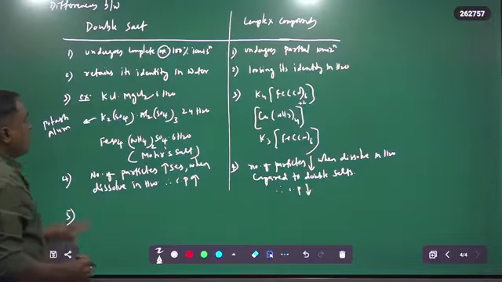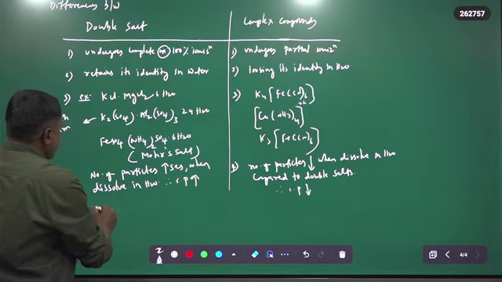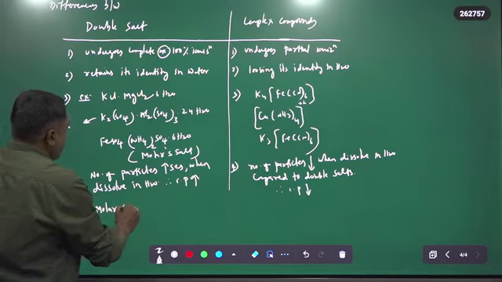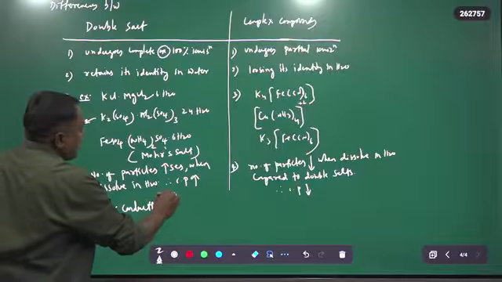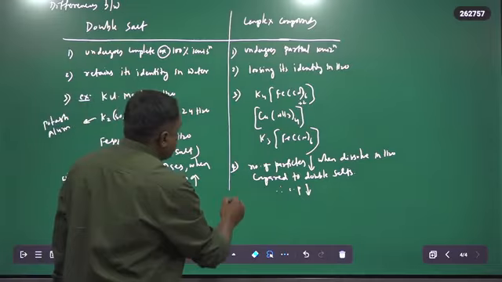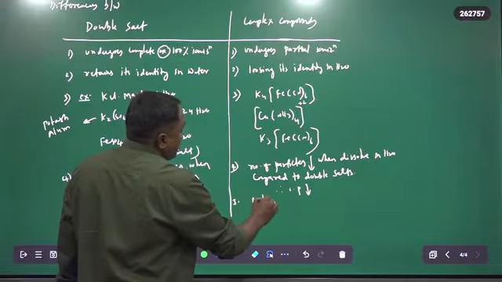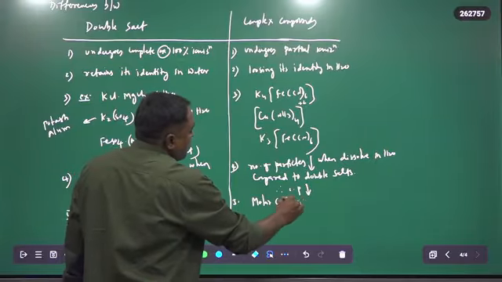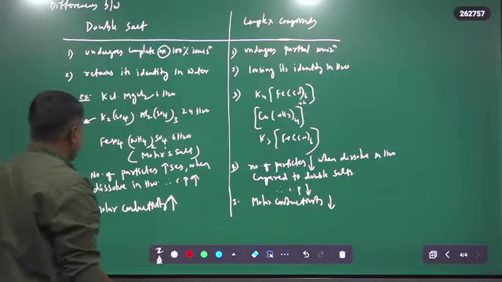Here the number of particles increases, so molar conductivity also increases in double salts, whereas in complex compounds molar conductivity is decreasing.